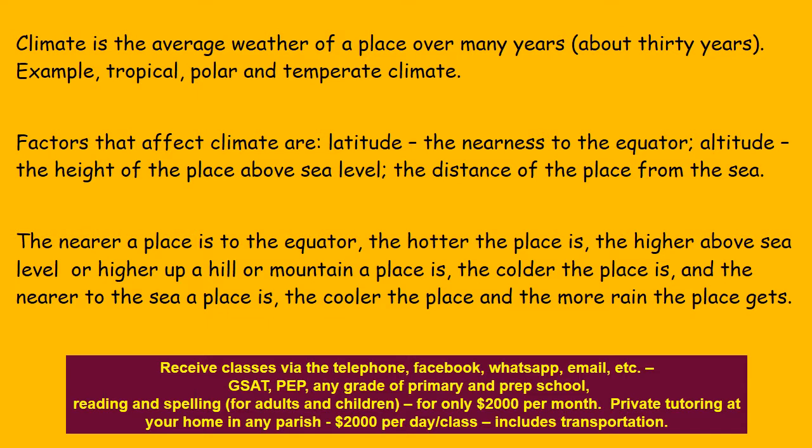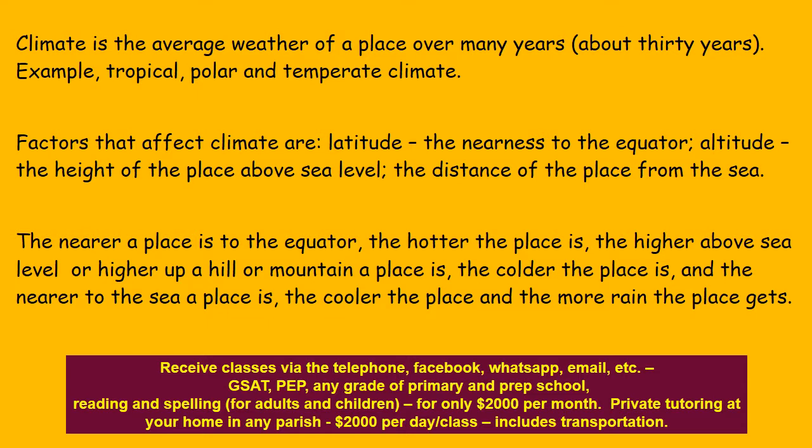Kind of cold, hot some of the times. Okay, but colder than Jamaica definitely. So temperate climate is somewhere in between tropical climate and polar climate. Temperate climate is sort of cold and sort of hot sometimes.